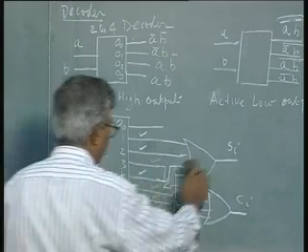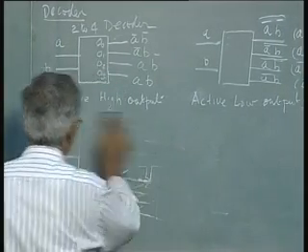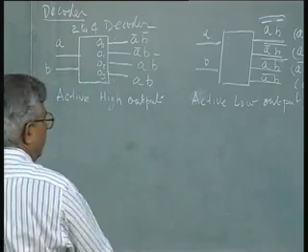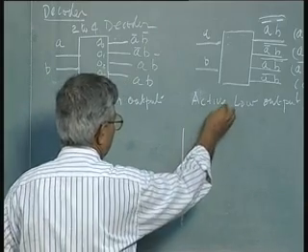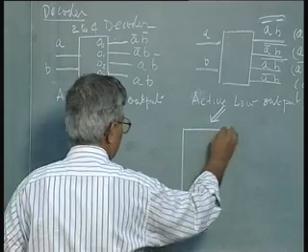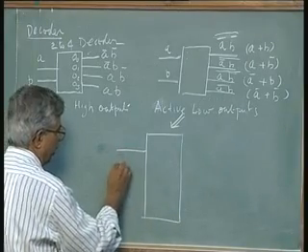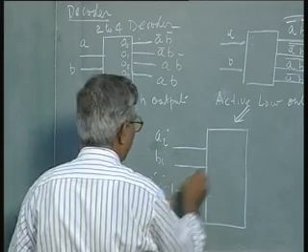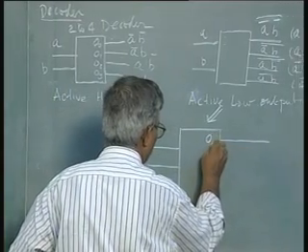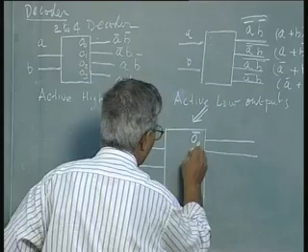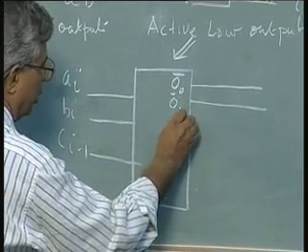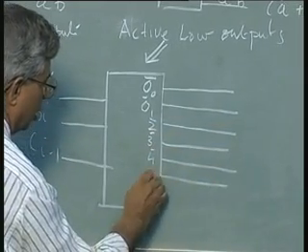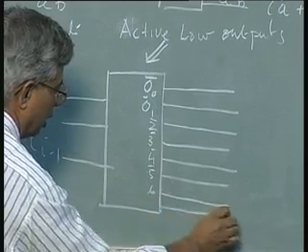So, instead of these being the outputs, using my active low outputs, with inputs AI, BI, CI minus 1, the outputs will not be O0 but O0 bar, not O1 but O1 bar, and then 2 bar, 3 bar, 4 bar, 5 bar, 6 bar, 7 bar.